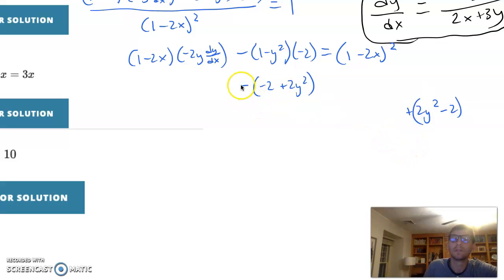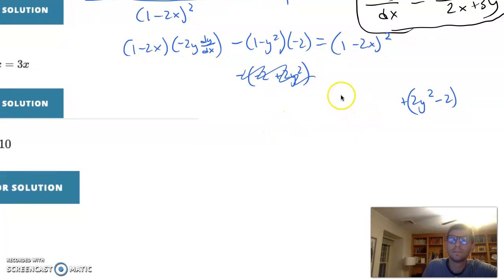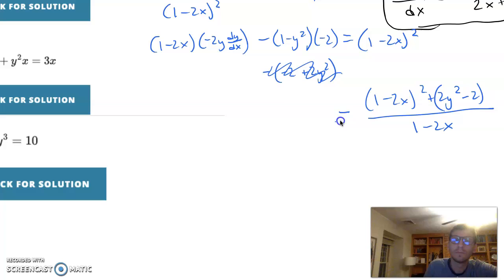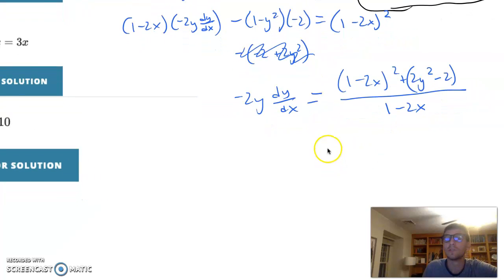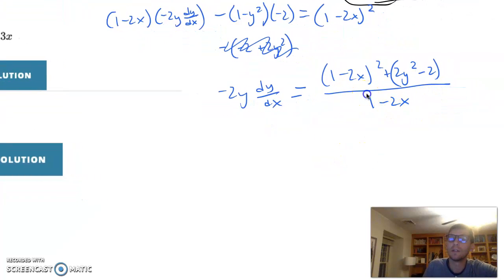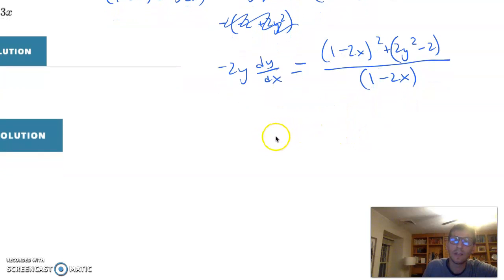I'll just put the y squared first. Divide that over. This is all just algebra now, and then I divide this part up. I'll basically just add that negative 2y over there to the denominator.